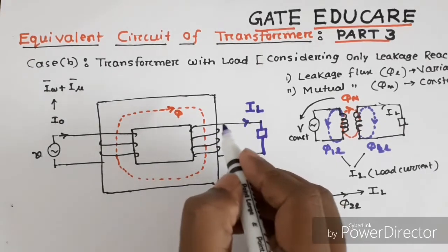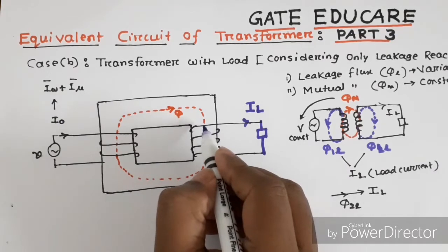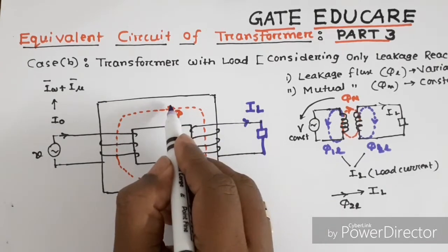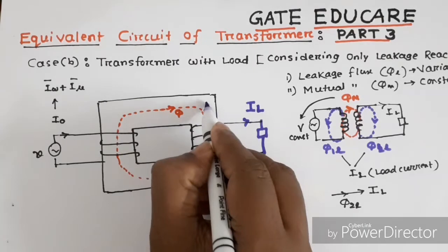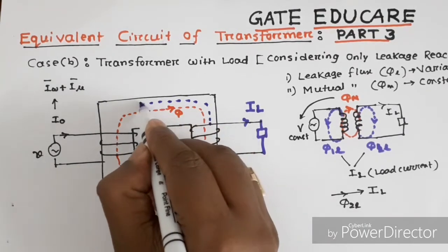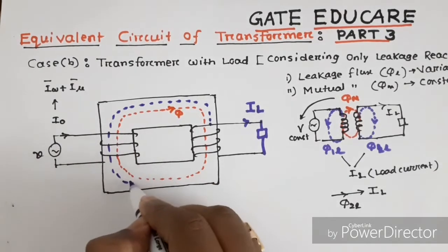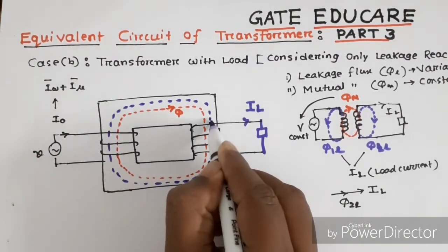Now, the flux direction is such that it will try to oppose its cause, and its cause is the main flux phi. Therefore, the direction of the flux phi 2m will be opposite of phi.